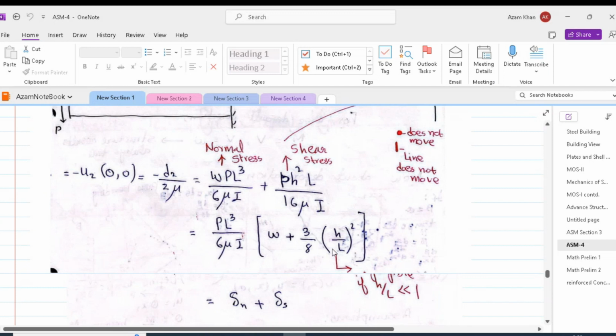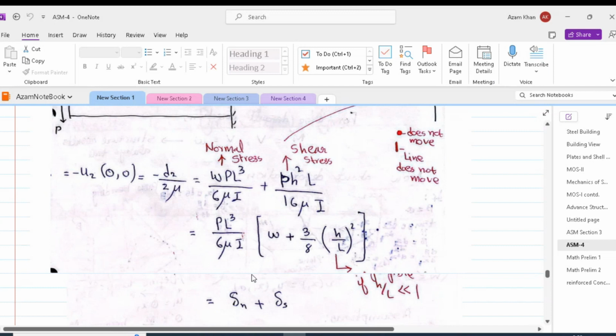However, there was another part, which was the shear deflection, and that was dependent on the depth to span ratio. If depth to span ratio becomes significantly higher, then the shear deformation would also become significant.